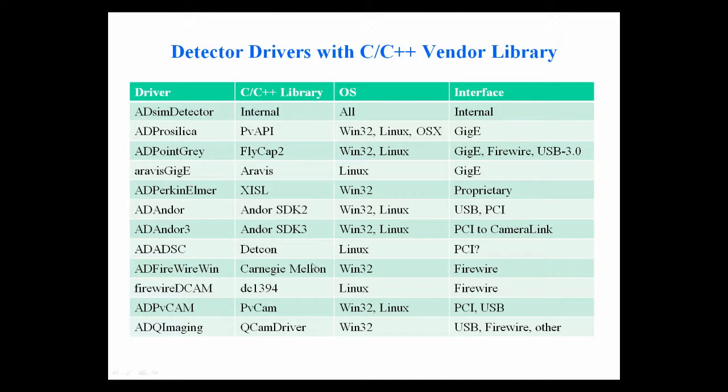FireWire Win uses a library from Carnegie Mellon. As I was saying, this is vendor independent, because the FireWire specification is highly standardized. That's Windows only. Then there's this driver called FireWire DCAM that uses a Linux library, DC1394. That's Linux only.